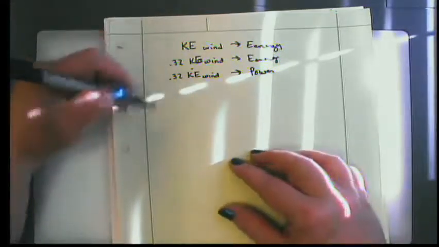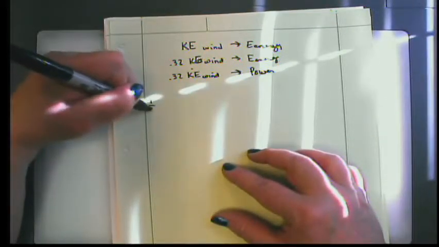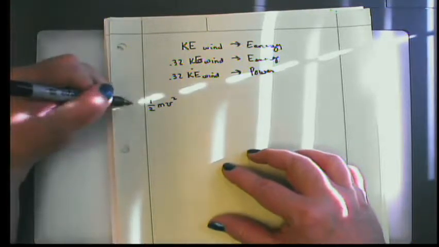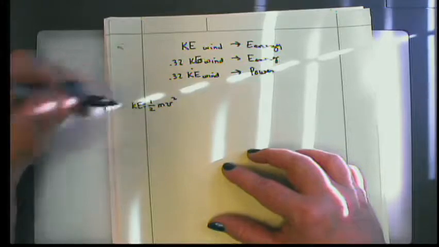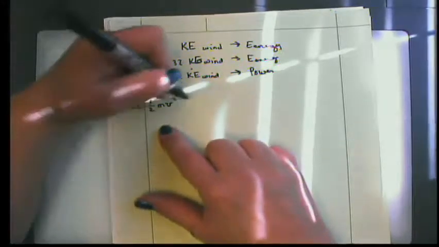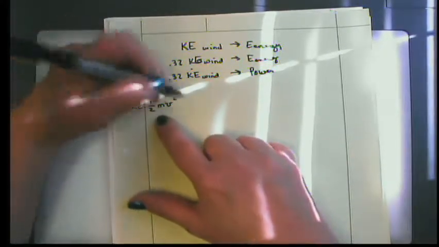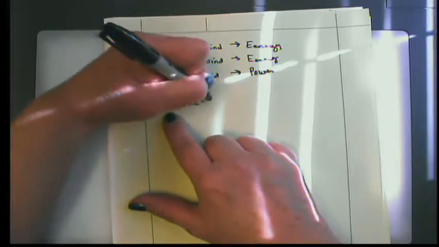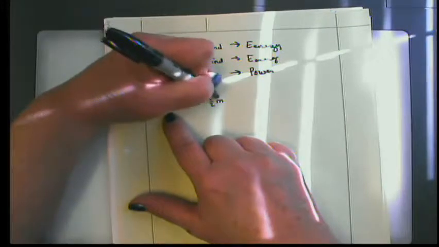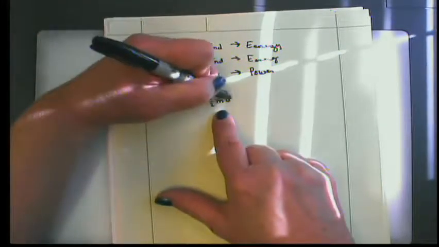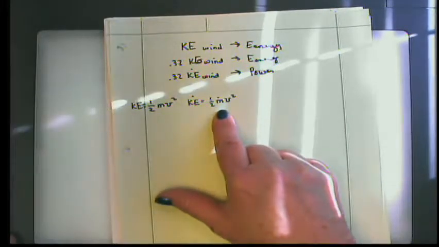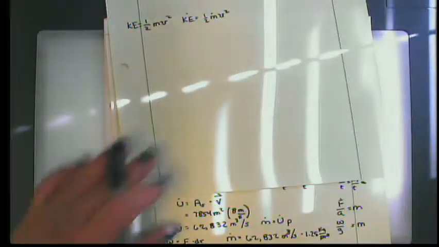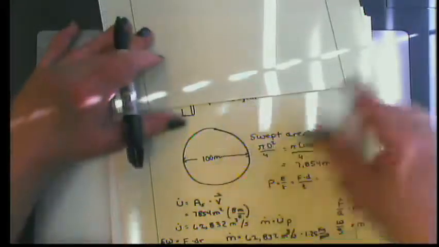All right, well, if you think about it, kinetic energy is 1/2 mv squared. And so rate of kinetic energy could be 1/2 times mass rate, m dot, times v squared. So we have an m dot, and we have a velocity.